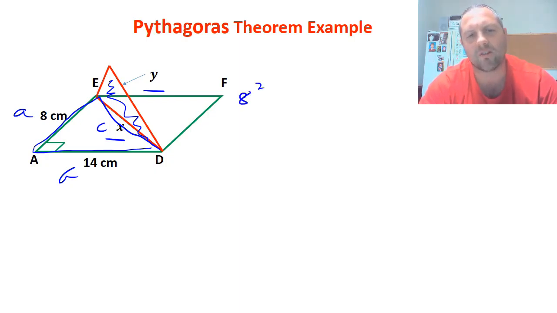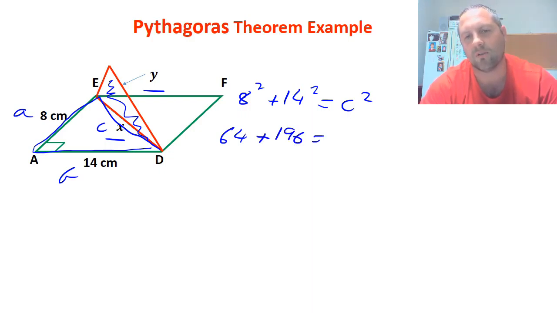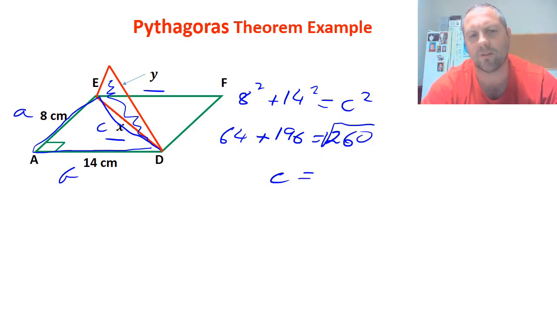So we're going to say 8 squared plus 14 squared equals your C squared. Now we know this is 64. We're going to plus on 196, and that's going to equal 260. Now that's our C squared, so we're going to square root 260 in order to find out what C is.